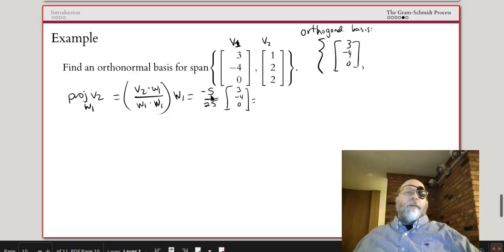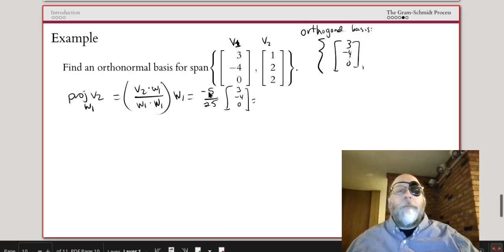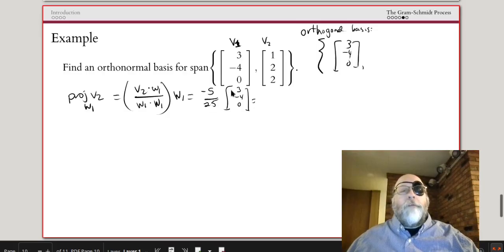So when we multiply these together, this is negative 1/5 times 3, which is negative 3/5. Negative 1/5 times 4 is positive 4/5, and 0.